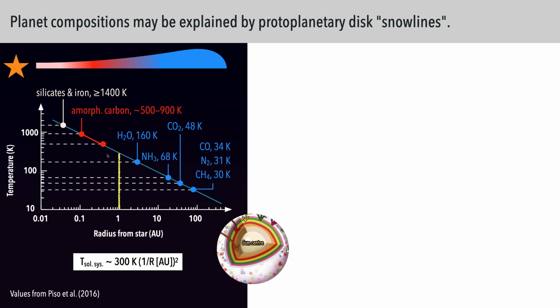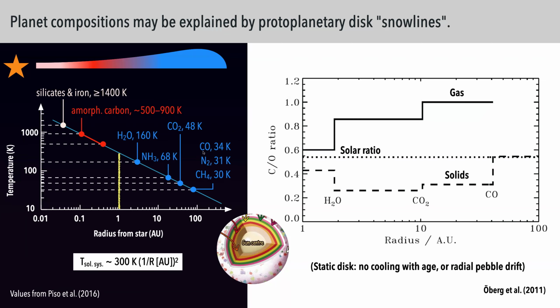And this is important because planets that form at different points in this disk will have access to a different set of solid materials depending on where they formed in that disk. Because out here they'll have access to ice, and here they'll only have access to more refractory materials. And this gives rise to this sort of map of these disks where, as you have different snow lines, you remove material from the solid phase and put it into the gas phase.